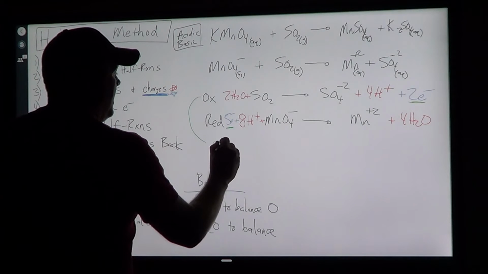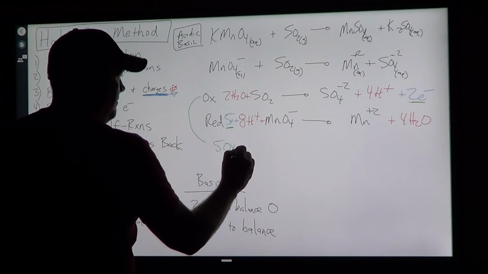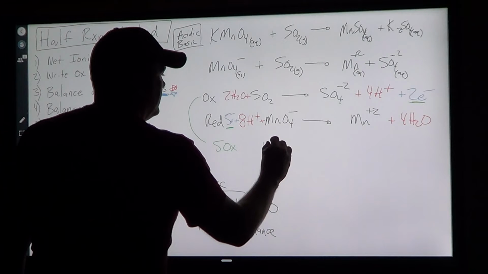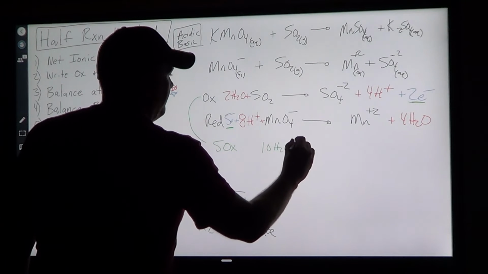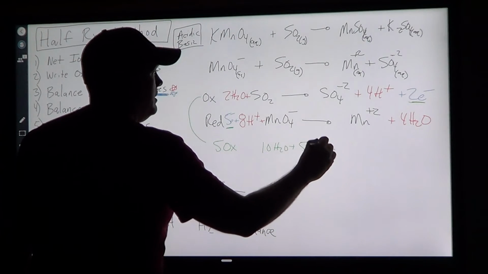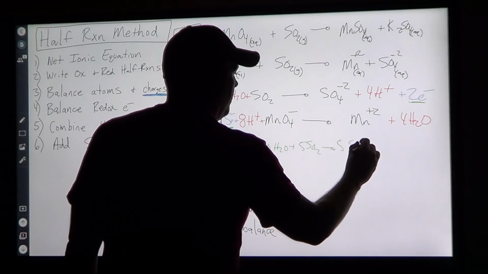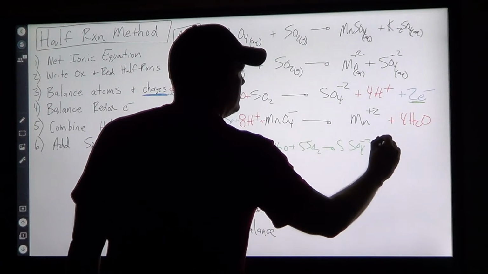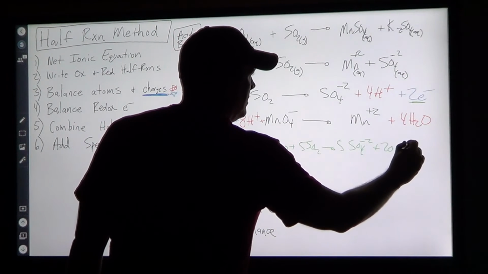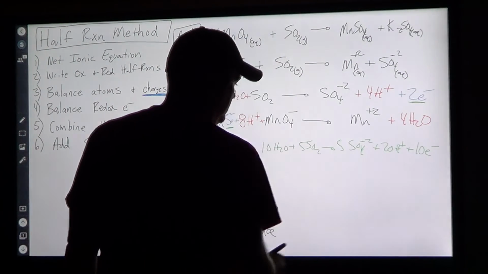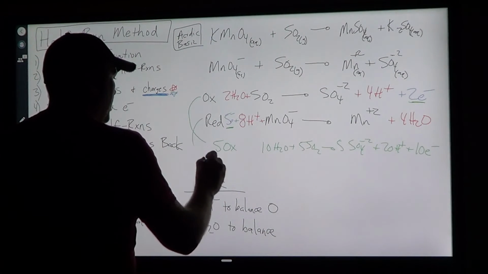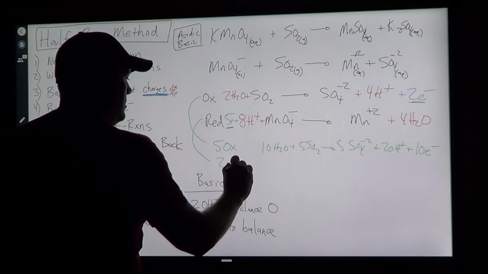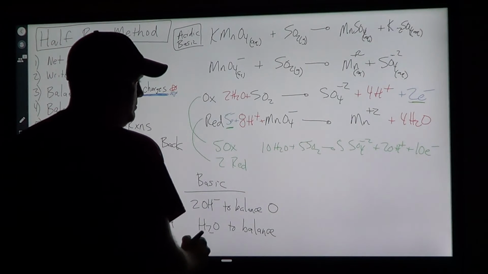So we're going to multiply the oxidation by 5, which will be 10 waters plus 5 SO2s makes 5 SO4 2- plus 20 H+ plus 10 electrons. And we're going to multiply the reduction by 2.